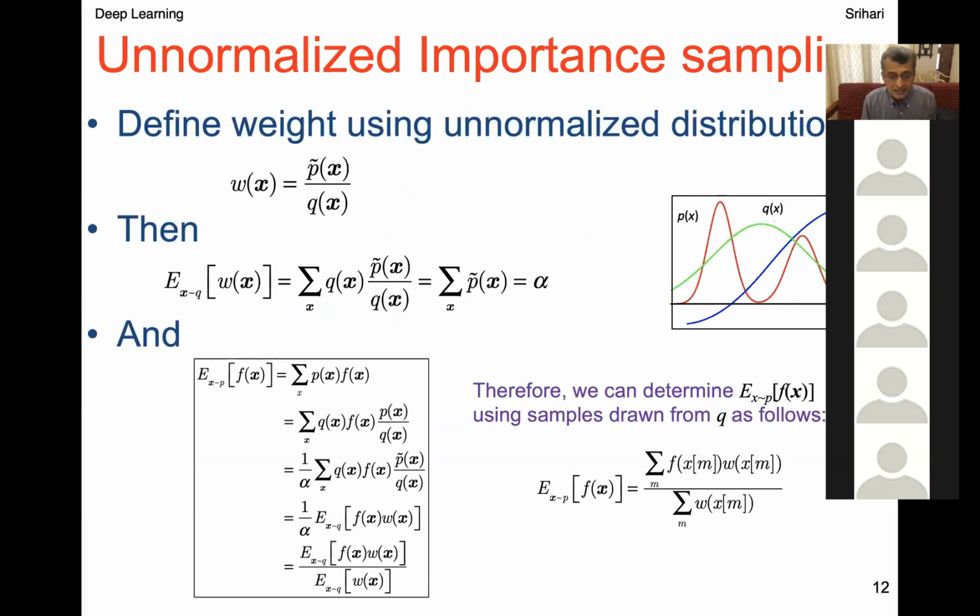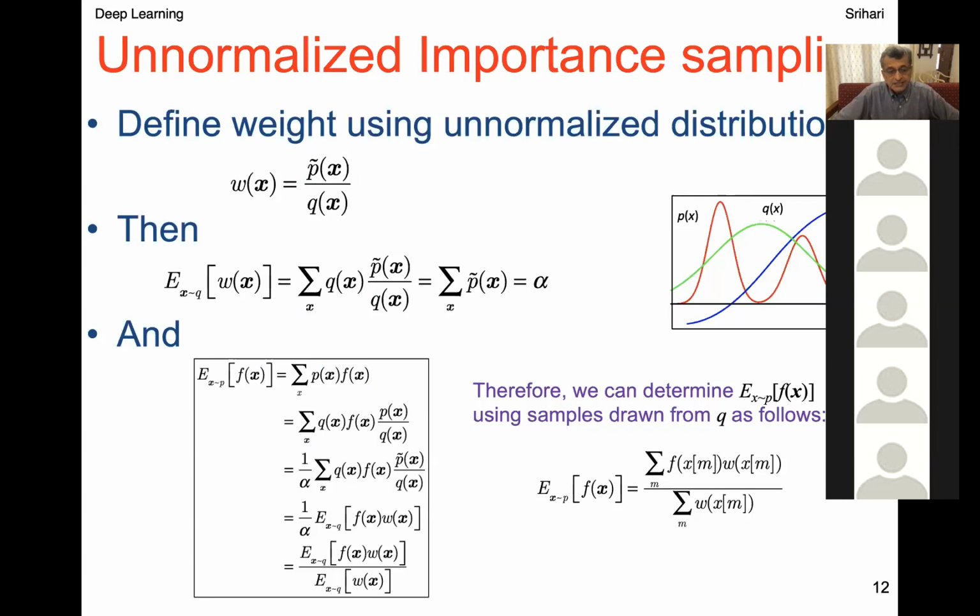Well, yeah, there is a method called unnormalized importance sampling, where the weight is determined by the unnormalized p, that's p tilde divided by q. Q is something, it's up to you. You choose whatever you want, a Gaussian or a uniform. And the only thing is p tilde represents what the model is telling you.